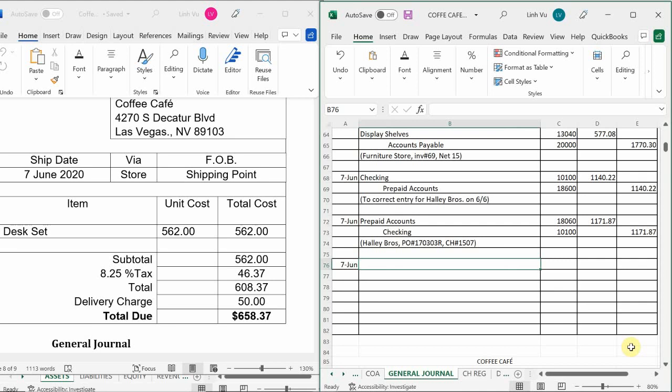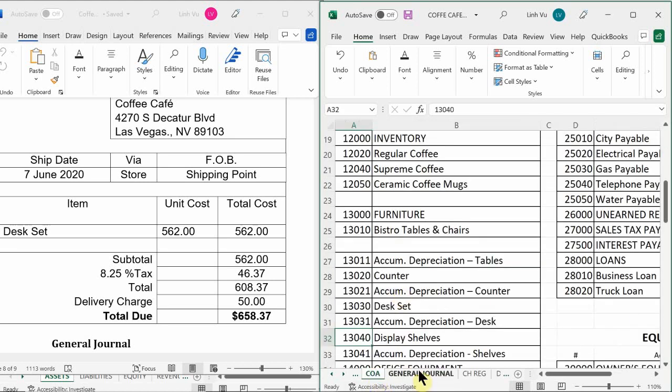Just write down desk. Okay, so in this case, chart of accounts. Do we have a desk set? Furniture. Yep, it is furniture, but specifically, do we have a desk set? Yes, we do, 1330.